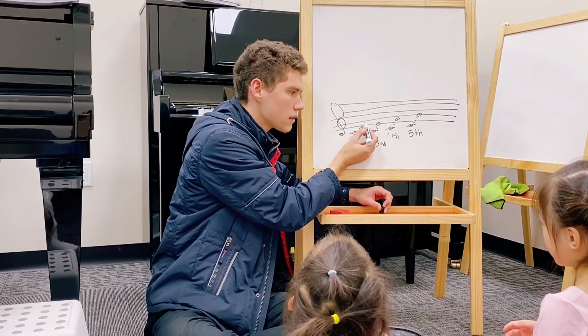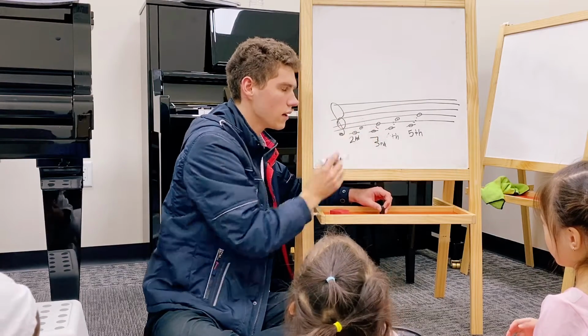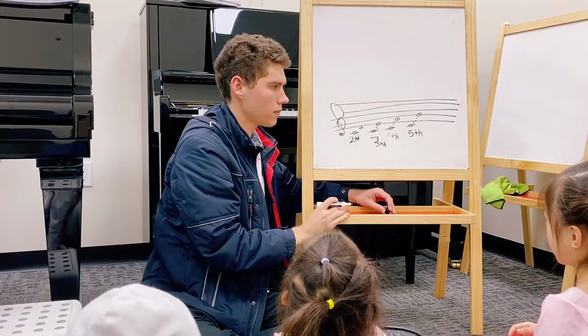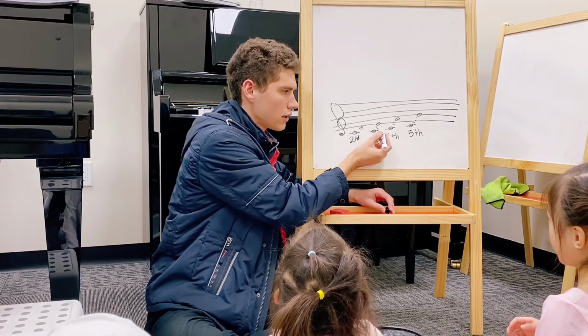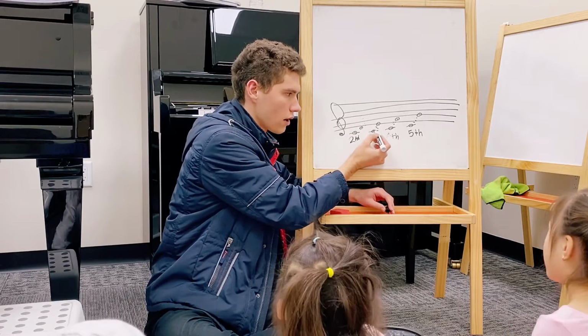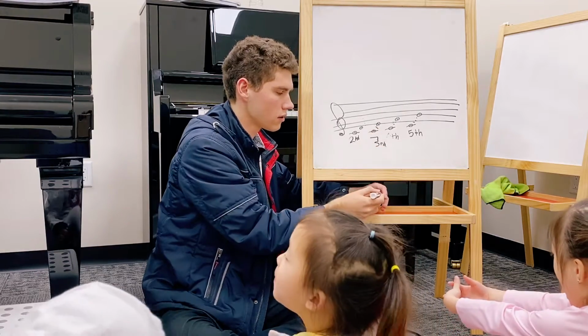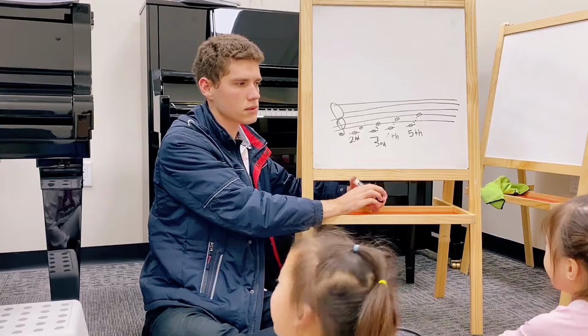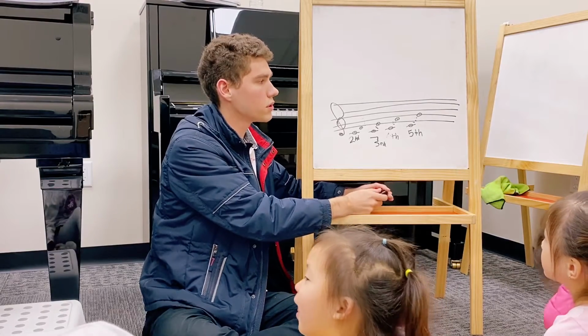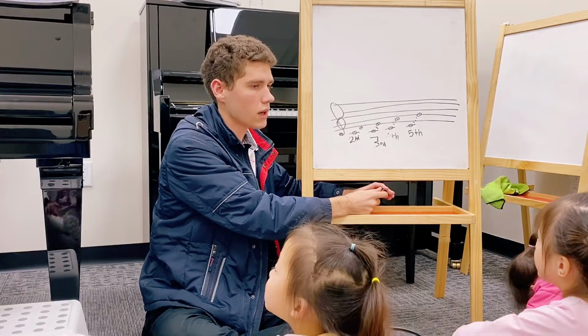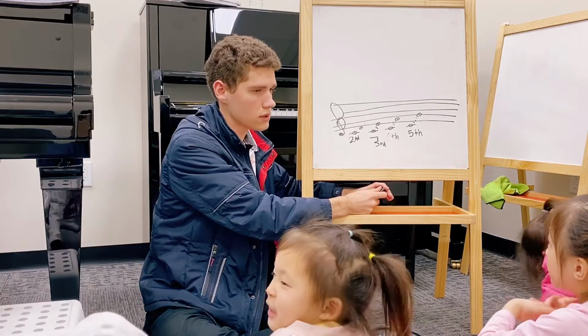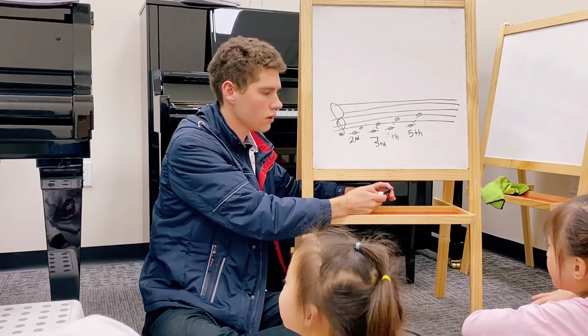So you have space, line, space, line, space, line. Don't skip anything. If you have a note on the line and a second note on the line, you have to count the space. 1, space, line. 1, 2, 3. Okay? Is it all clear? Yes, you understand? So you'll do it, you'll write down the notes, and you'll also identify the notes. You'll do different things, okay?